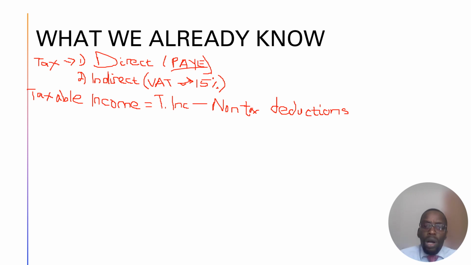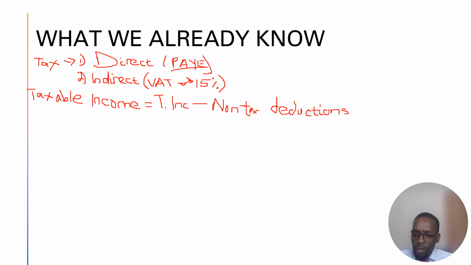Now, remember the formula: taxable income is total income minus the non-taxable deductions. So it means from my total income, I'm going to have the non-taxable items, like pension or UIF or retirement annuity or donations.